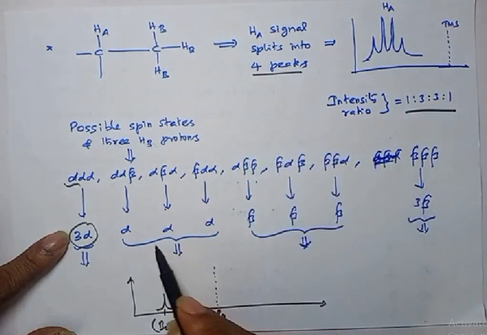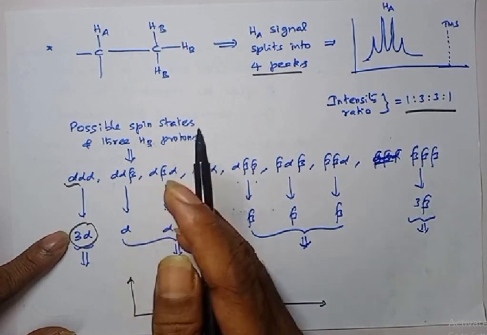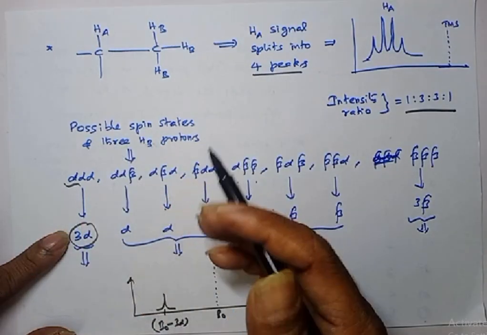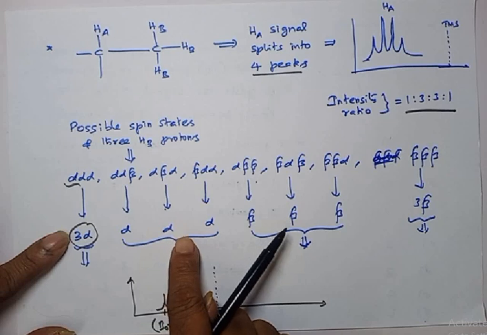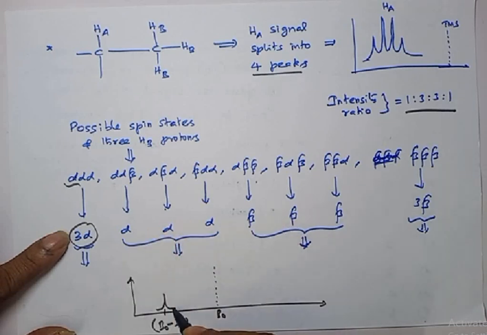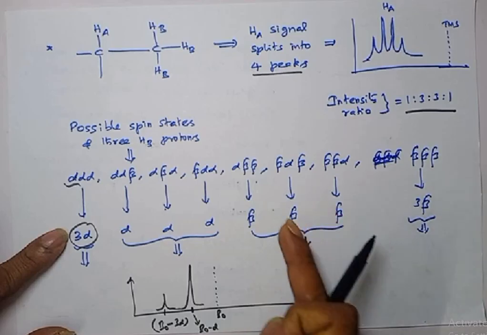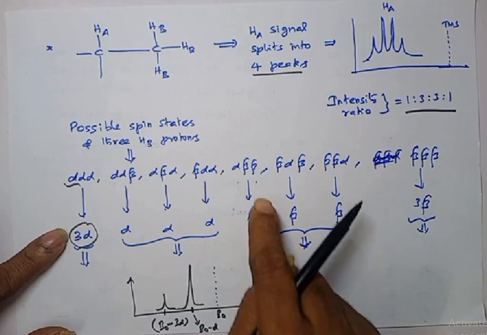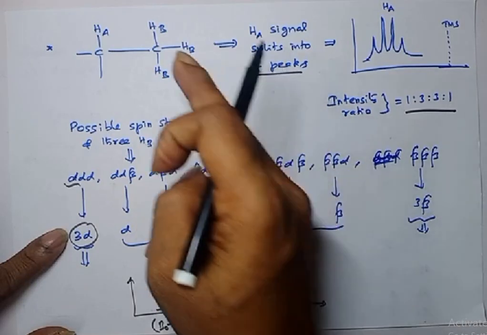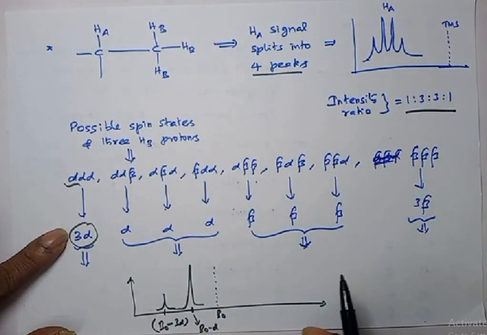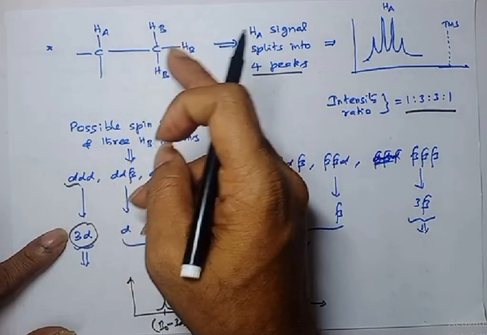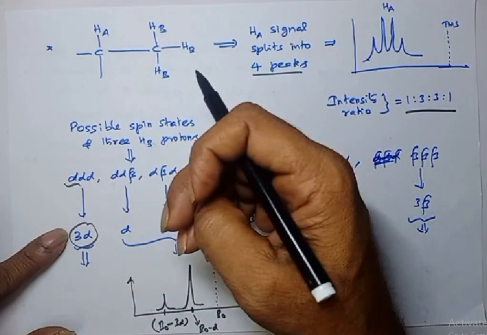And in some other molecule, it feels an additional magnetic field of alpha, but I have 3 spin states now, so the intensity will be somewhat higher. And what is the magnetic field value here? B naught minus alpha. In some other molecules, the HA proton feels a lesser magnetic field compared to B naught, because the magnetic field due to the spin of the HB proton may oppose the external magnetic field.